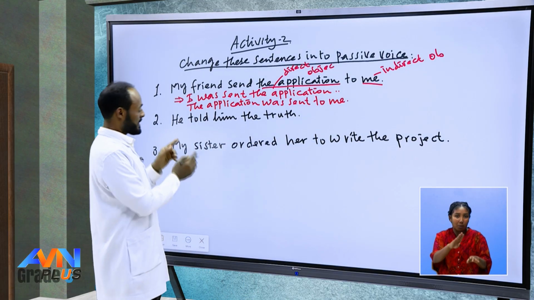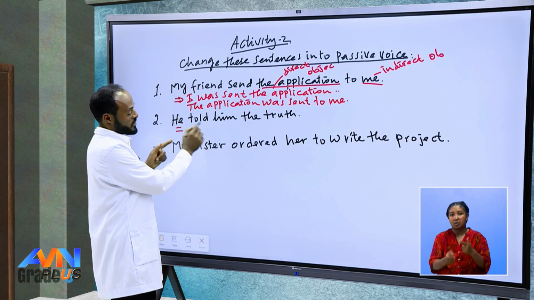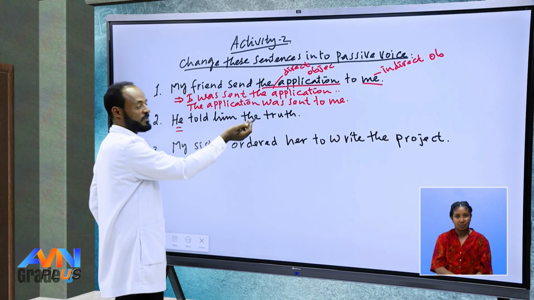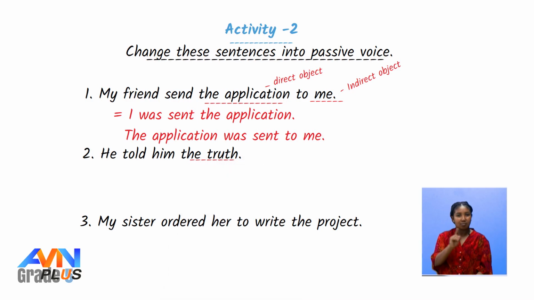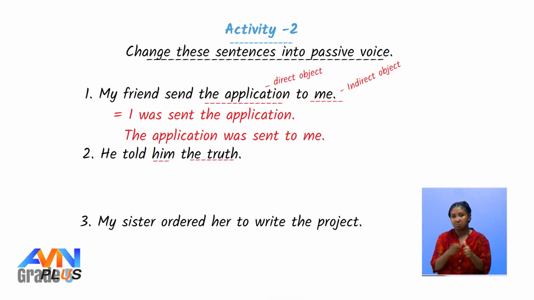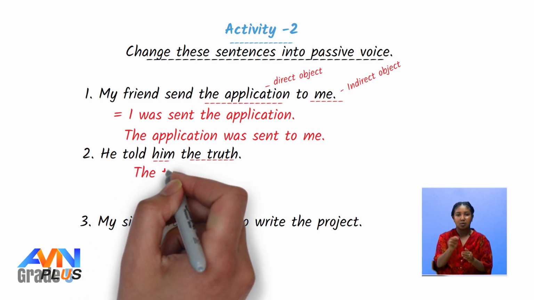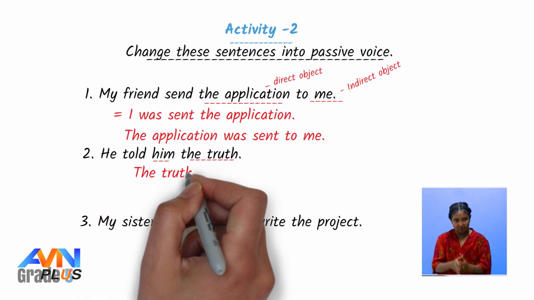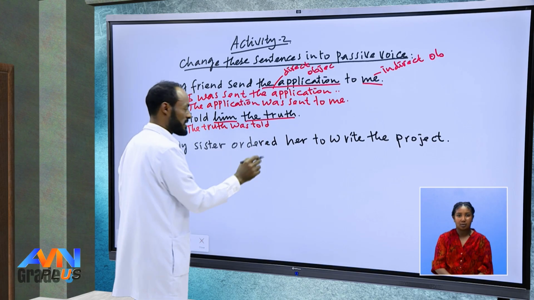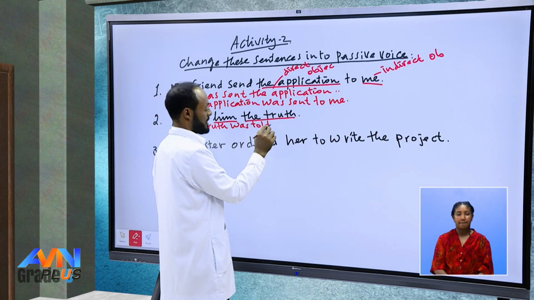The second, he told him the truth. This was the direct object, and this one is the indirect object. So we can start from the truth. The truth was told.